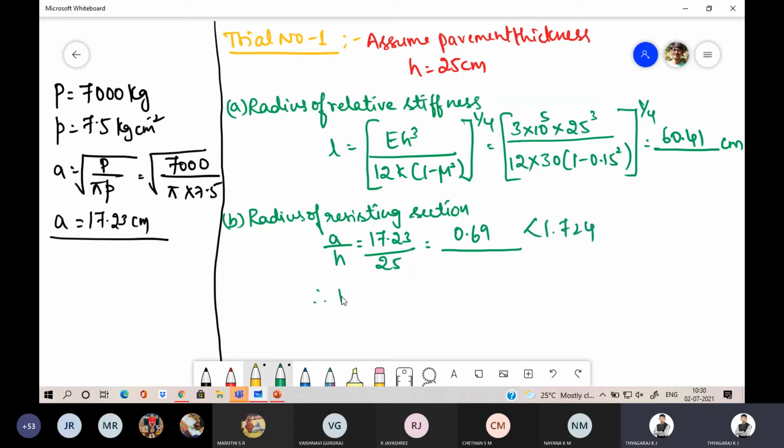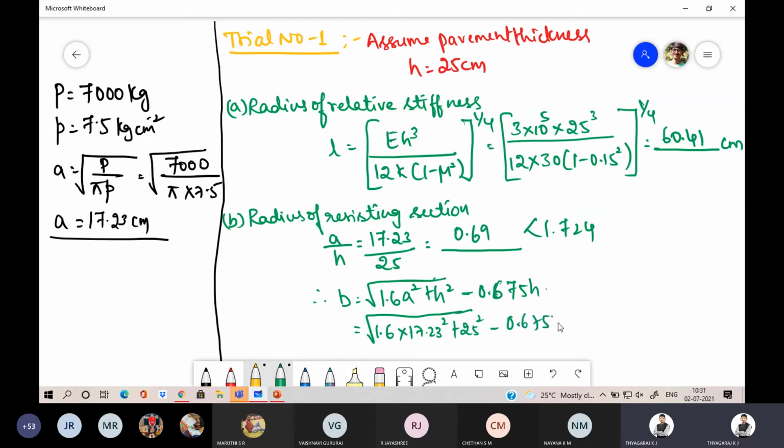Therefore b is equal to square root of 1.6 a square plus h square minus 0.675 h. Calculate the b value: 1.6 into a square, 17.23 square, plus h square, 25 square, minus 0.675 into 25, in terms of centimeter. How much? 16.29 centimeter.